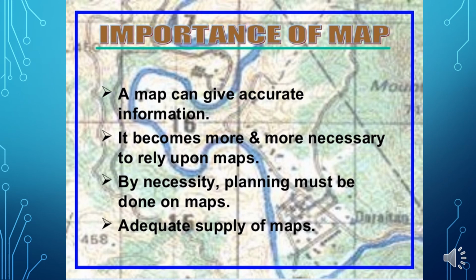Maps also provide a lot of information to the planners who plan roads, residential complexes, factories, parks, etc. Maps are used as legal documents showing ownership of land and boundaries. The strategies of an army even depend on the information provided by a map, for example, our army officers who are fighting in areas like Jammu and Kashmir. They need to know the terrain, and this is only possible by maps.